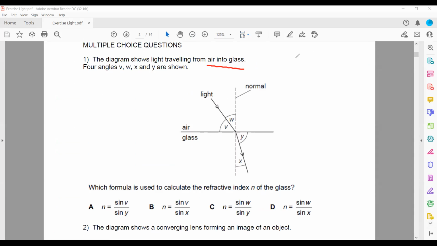Whenever light travels from air to glass, the refractive index equals sine angle I divided by sine angle R. Angle I is the angle between the incident ray and the normal, the angle of incidence, and the angle between the refracted ray and the normal is the angle of refraction. So n equals sine angle I over sine angle R. Here angle I is W and angle R is x, so it will be sine W divided by sine x. So D will be the right answer.